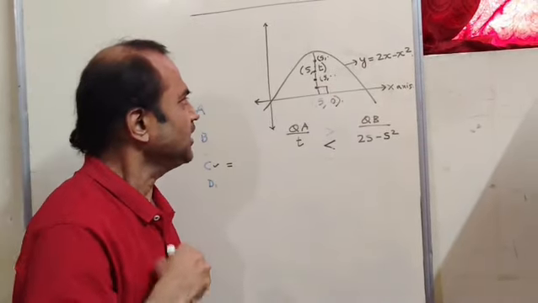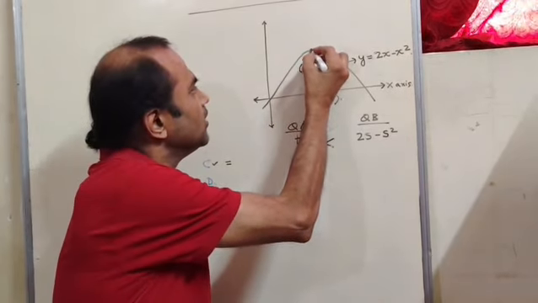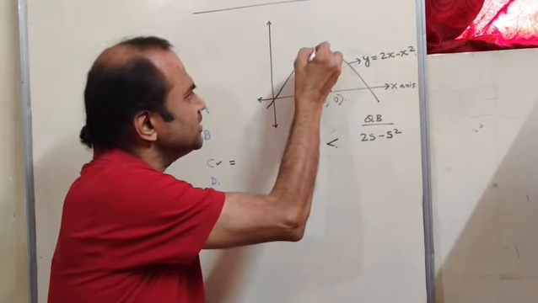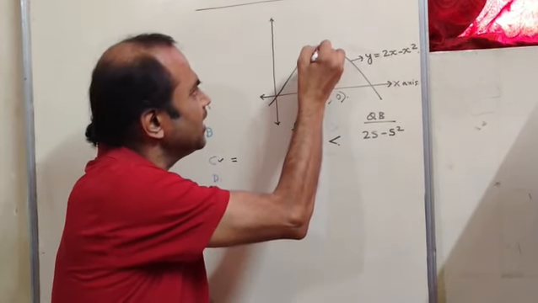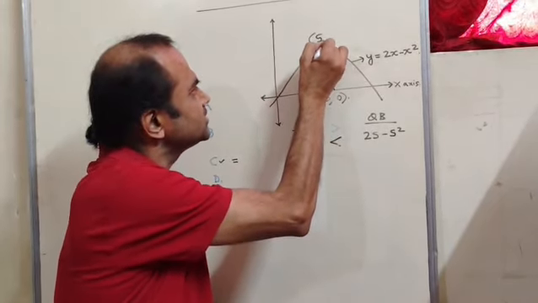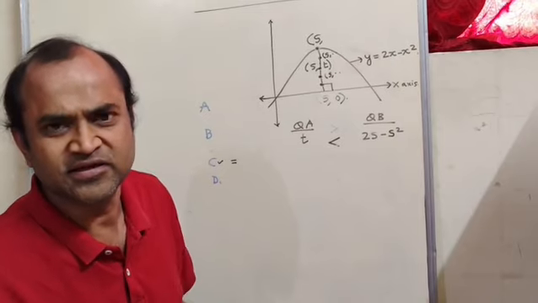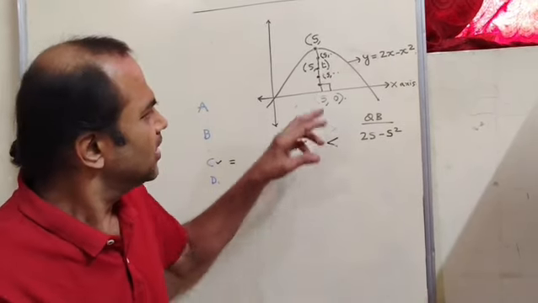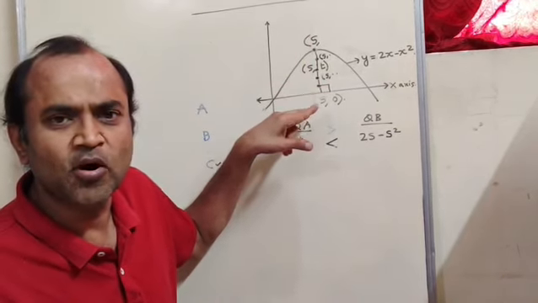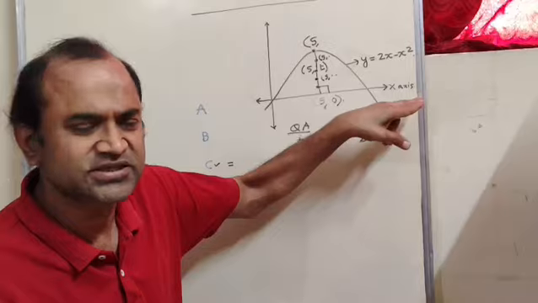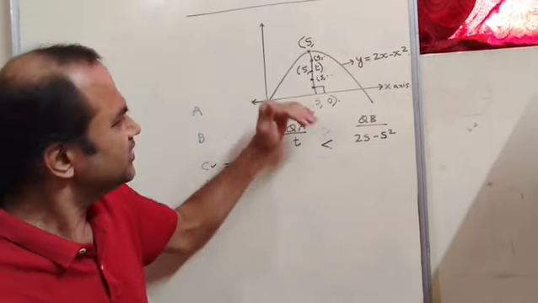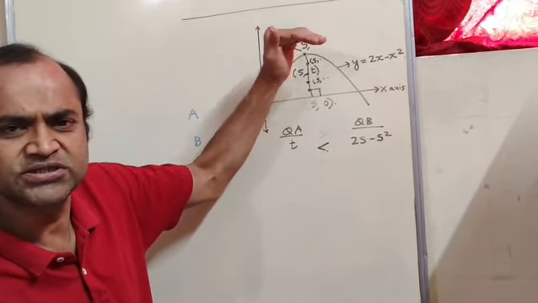Now, at the point of intersection of this straight line and the parabola here, also the x-coordinate has to be S. As I said earlier, for all points lying on this straight line passing through the point S, 0 on the x-axis, the x-coordinates will be S, with the y-coordinates of course changing.